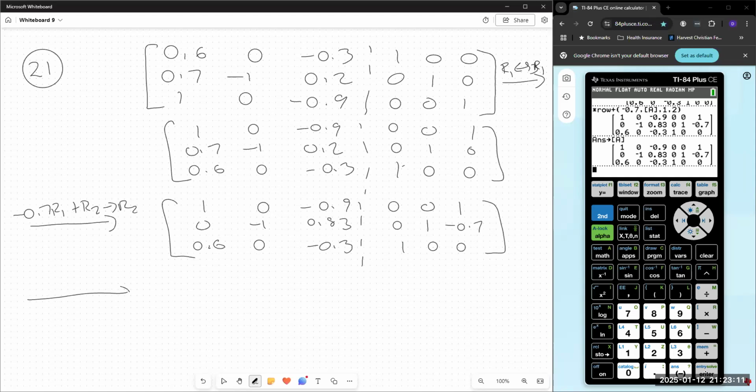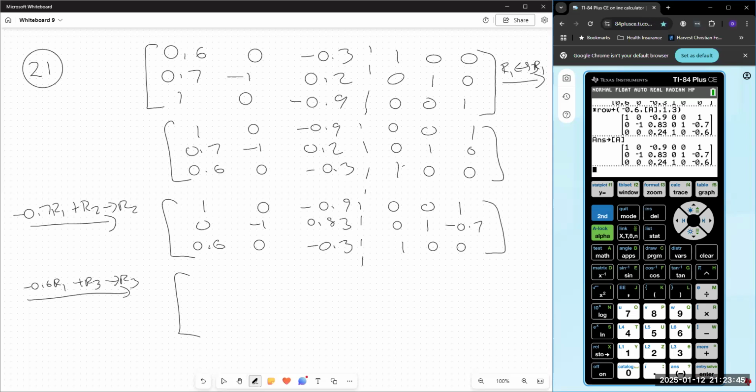Now we want negative 0.6 row 1 added to row 3 to produce a new row 3. Second entry. So we're going to change this to negative 0.6 times row 1 added to row 3 to produce a new row 3. And then we're going to store that as matrix A.